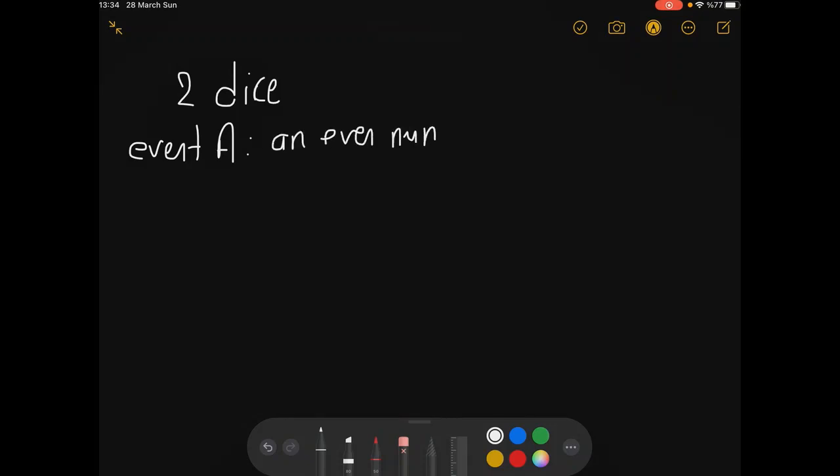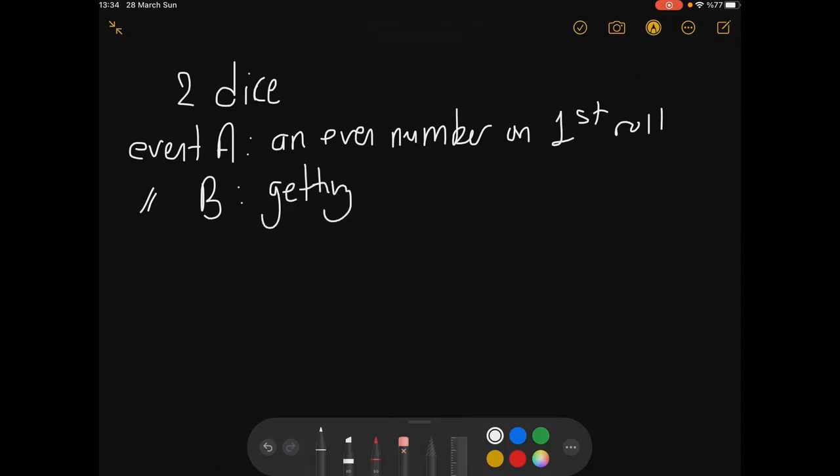So here, suppose that we roll 2 dice, and let's define event A as an even number on the first roll, and our event B would correspond to getting 2 or 3 on the second roll.